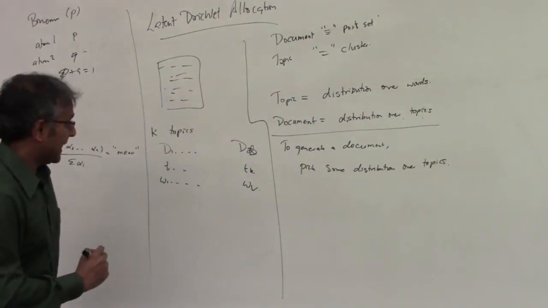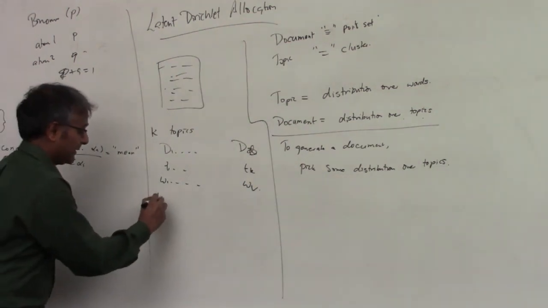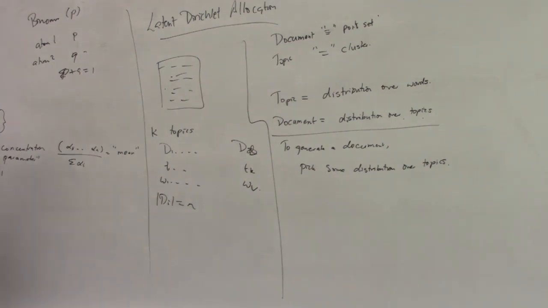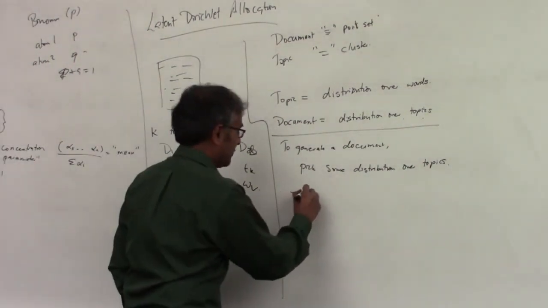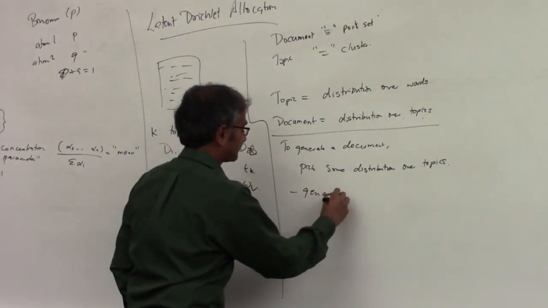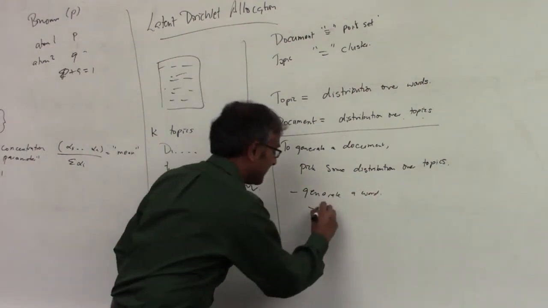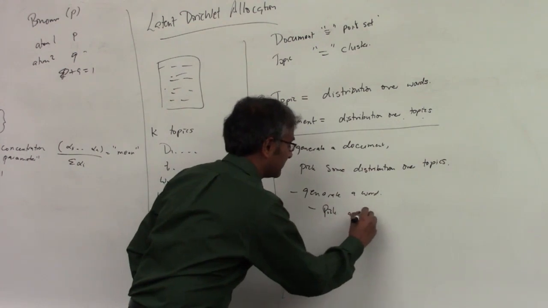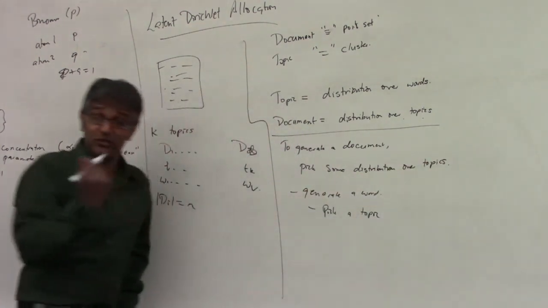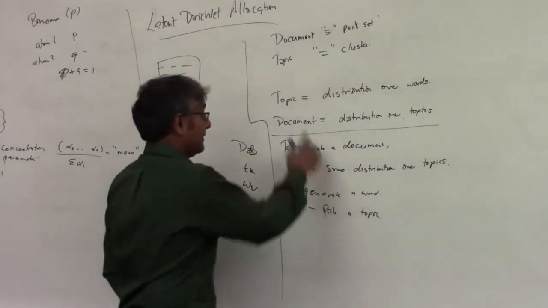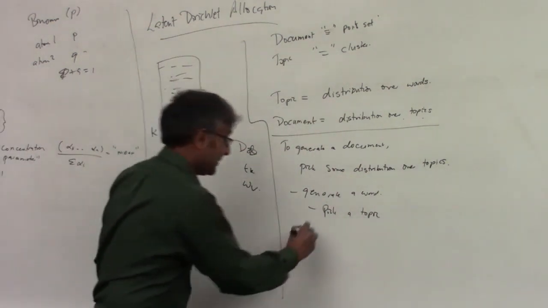Now let's say that each document is of size n, it has n words in it. Then to generate a word, what you do first is pick a topic from the distribution you generated for that document. And then each topic is a distribution over words. Pick a word.